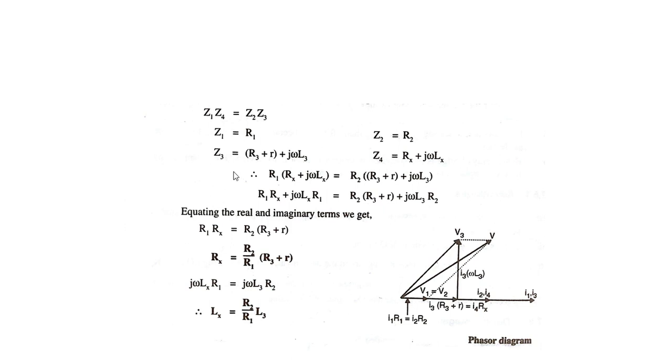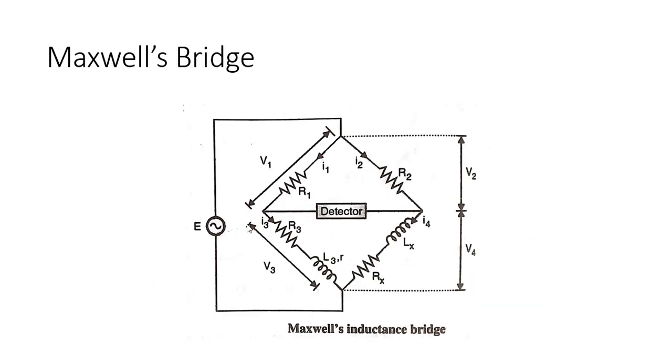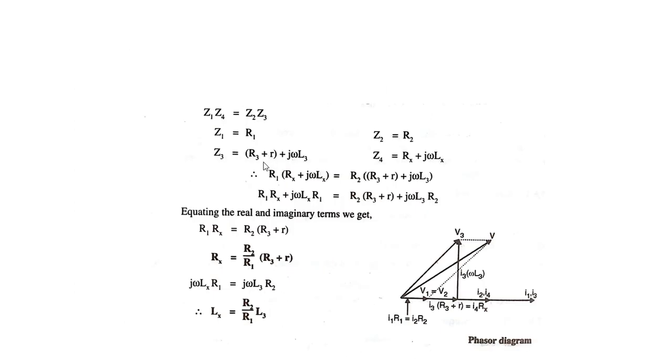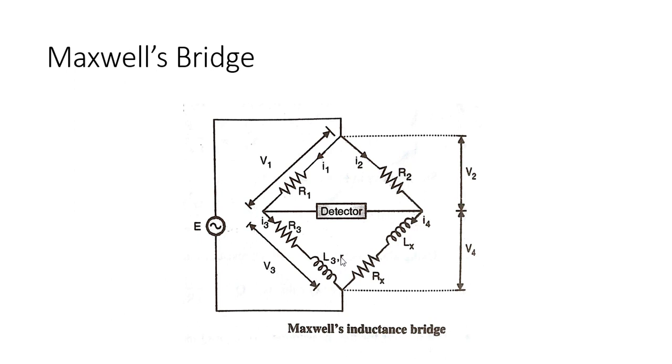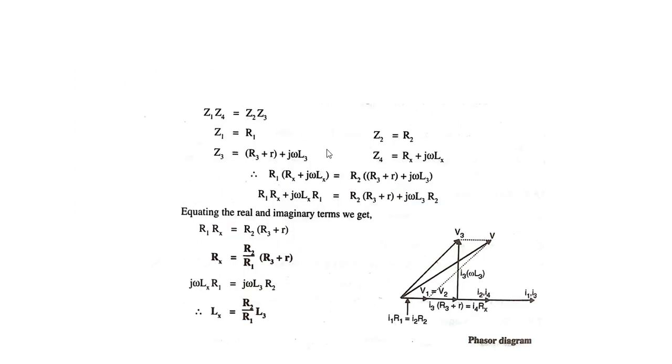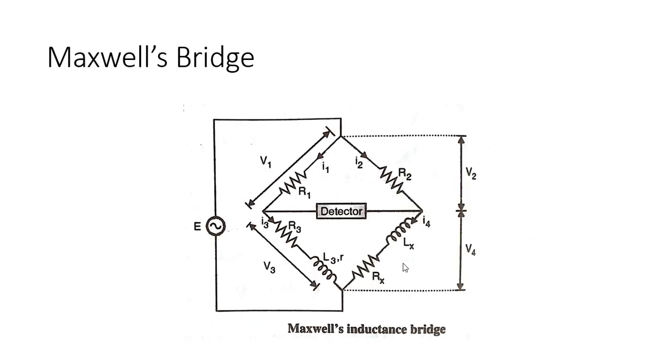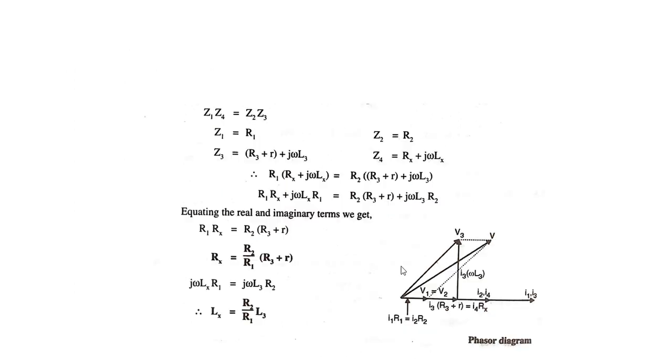Here Z3 is R3 plus R, so one resistance is considered here, that is R3 plus R plus j omega L3. Similarly Z4 is equal to Rx plus j omega Lx. Now the procedure is pretty similar, and will be similar for all other branches.